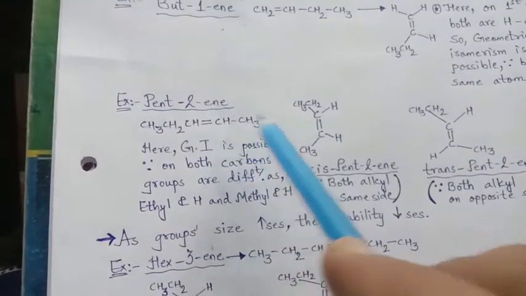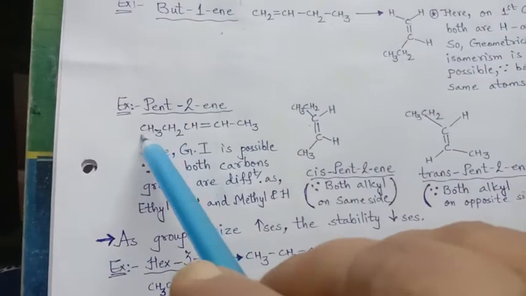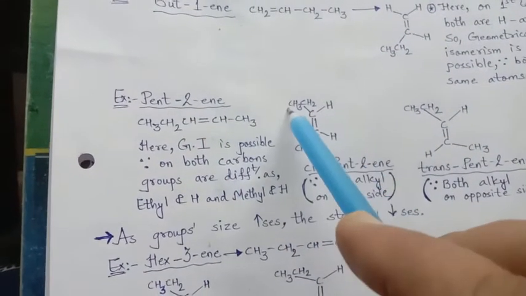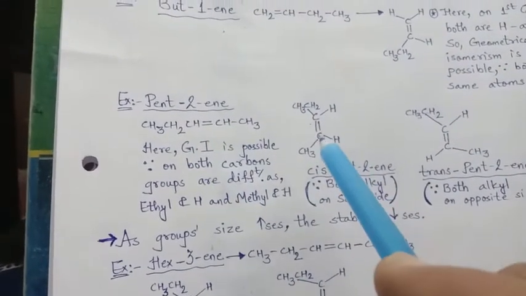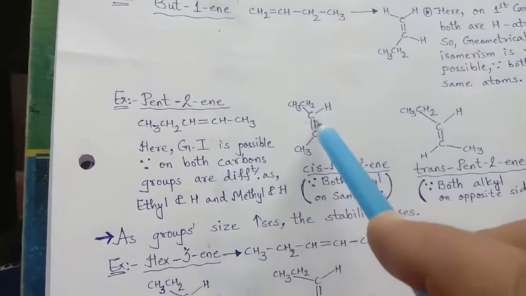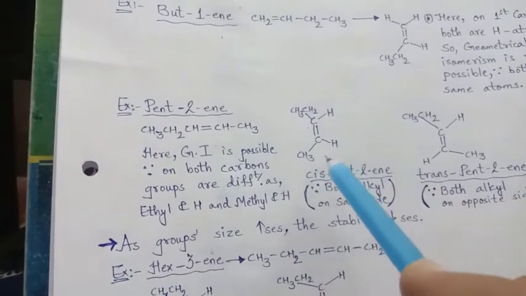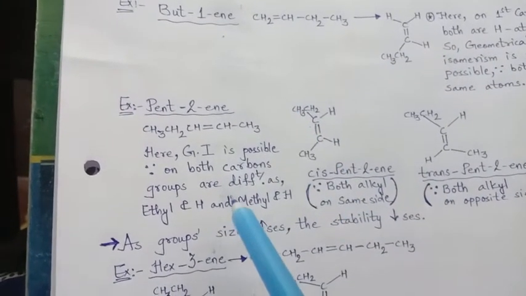So this is CH, CH and CH3 methyl group. And what is left here then? Ethyl group, right? Now what can we say? This is the carbon, both are different. This is a carbon, both are different. So here geometric isomerism is possible, right?